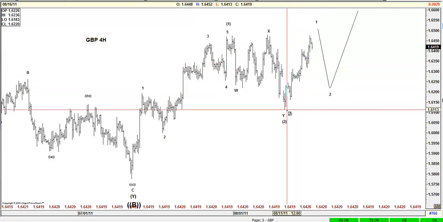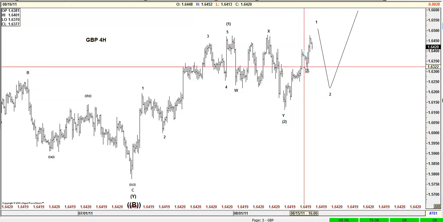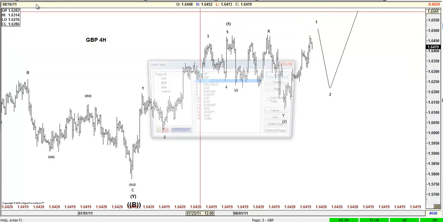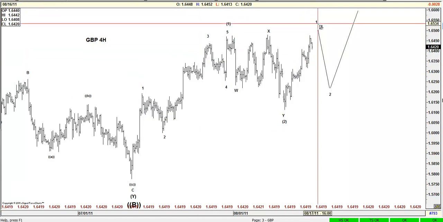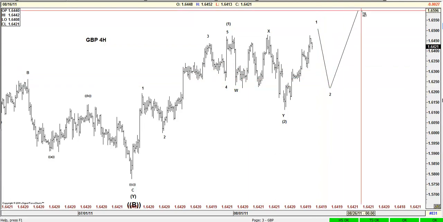I see nice swings: 1, 2, 3, 4, 5, 6, 7, 8, and 9. If we go to the 1 hour, what's going to happen is something like this. It's going to drop to around 62 and then go higher again.